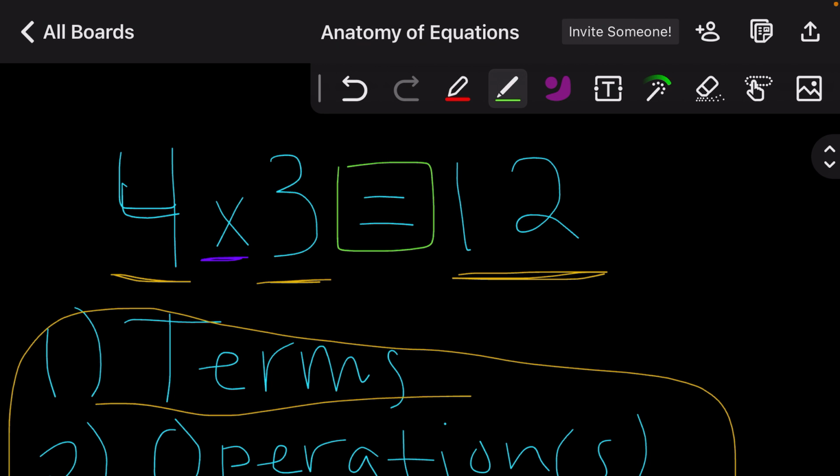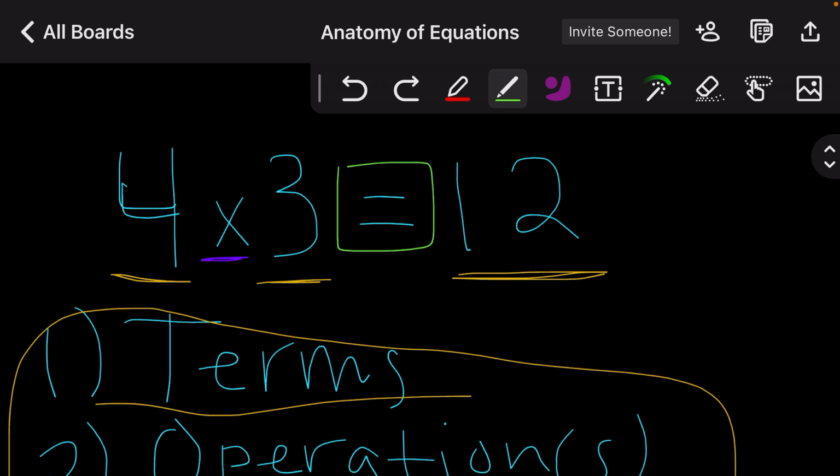Now, one could argue and say, well, 4 and 3 and 12 and the multiplication symbol, these are all symbols as well. That is true, but that's not what we're doing in this video. The equal sign is more of a symbol in the truest sense, in its rawest form.